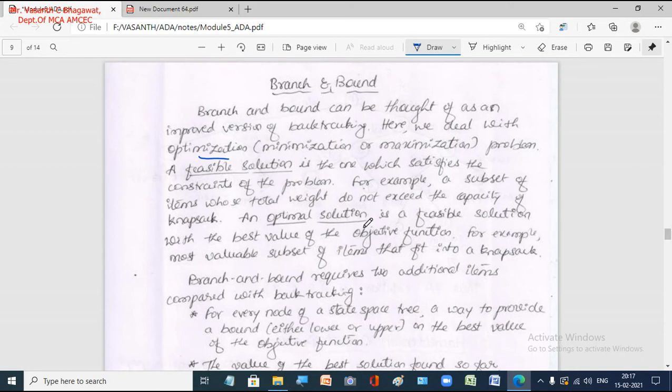An optimal solution is a feasible solution with the best value of your objective function. What is our objective function for the travelling salesman problem? You are supposed to find the shortest route, which the salesman has to travel in order to visit all the cities exactly once.